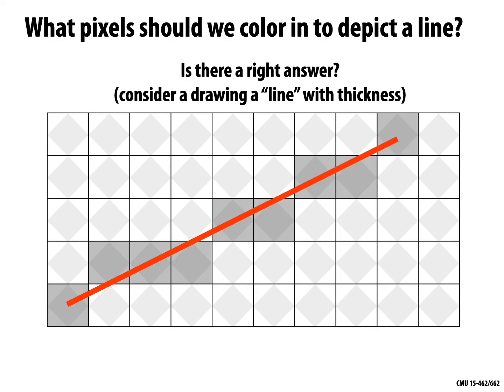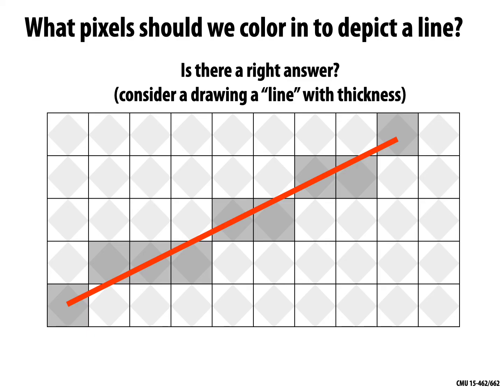Another perspective that we're going to talk about a lot when it comes to rasterization is to think about coverage. So you could say, how about we turn on a pixel with intensity proportional to what fraction of the pixel is covered by the object we're drawing? Now, this is a weird question for a line, because a line is infinitely thin, right? It covers 0% of any pixel.